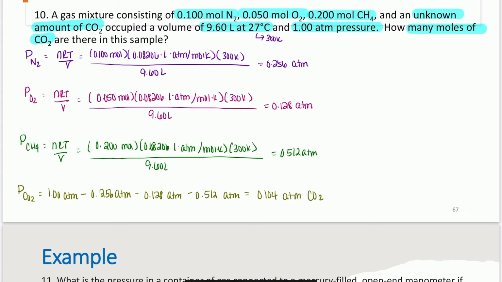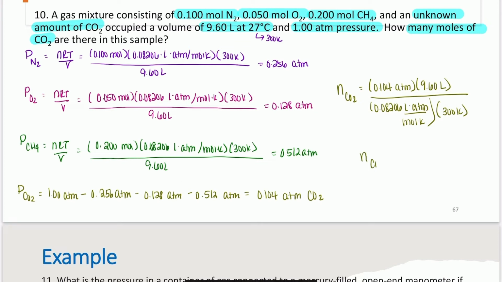Now I can use that to find the number of moles of CO2. 0.104 atmosphere, 9.60 liters, 0.08206 liter atmosphere per mole K, 300 K. Number of moles of CO2: 0.406 moles of CO2.